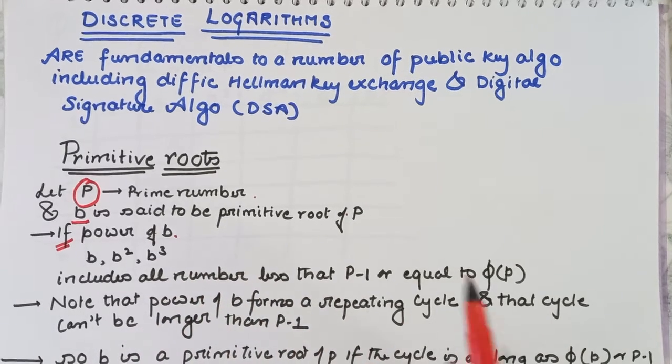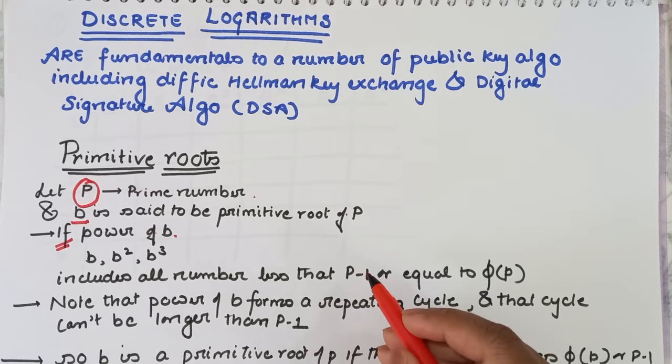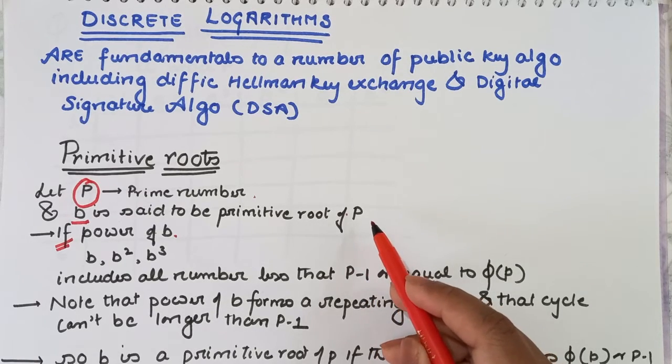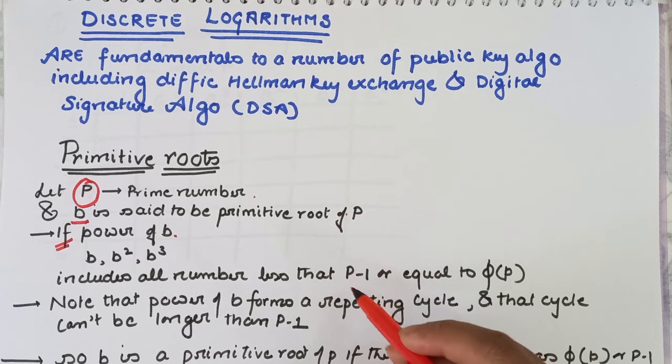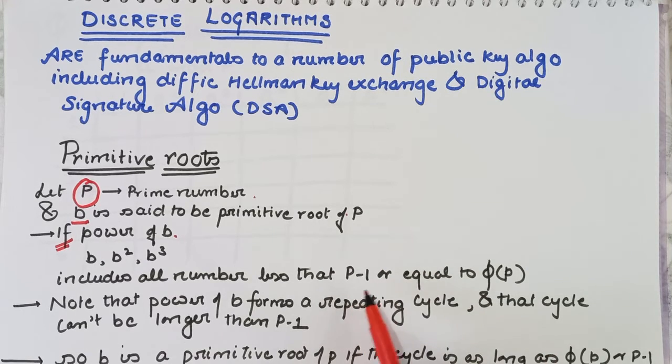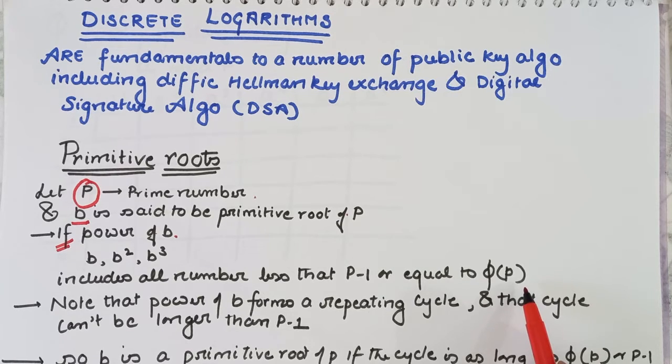If you remember, I told you what a totient function is. The totient function of p is equivalent to p minus 1. We discussed the totient function in lecture 4 or 5, if you remember. So the powers include all the numbers up to p minus 1, or equal to the totient function.